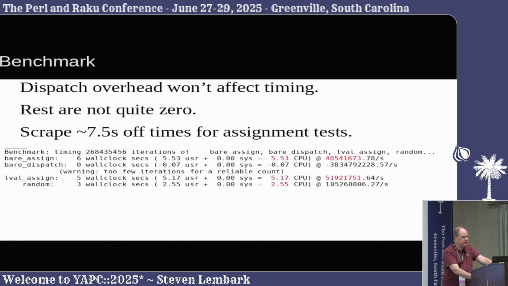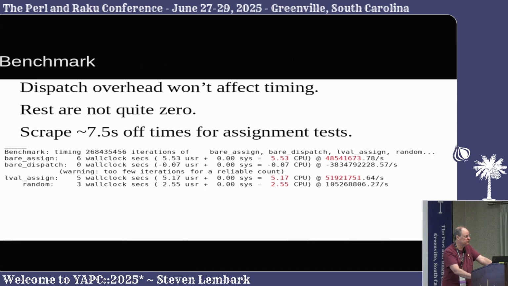One thing you do in benchmarks, this is another talk I've done, is to avoid lies, damn lies, and benchmarks. Benchmark the basic operations you're performing before you run the benchmark, because you don't know how much of it was overhead that had nothing to do with what you're testing. In this case, we can see that just calling a sub 2 to the 28 times generates no overhead, which tells me that calling subroutines in Perl is so damn fast you don't care about it.